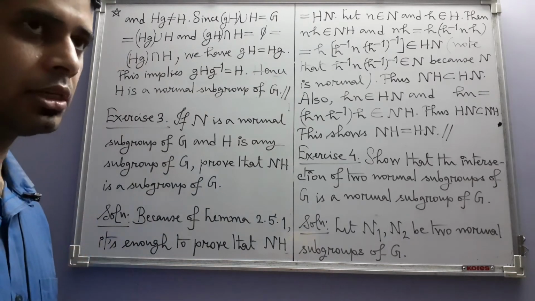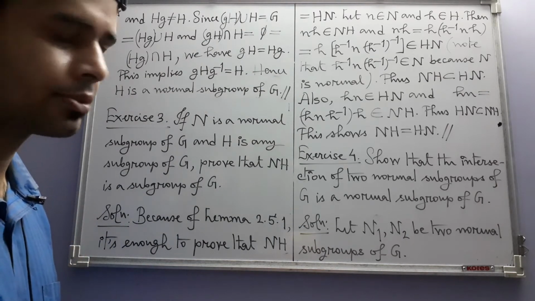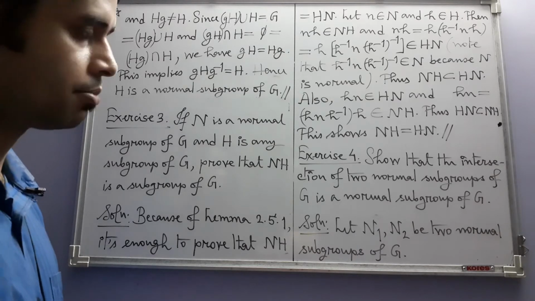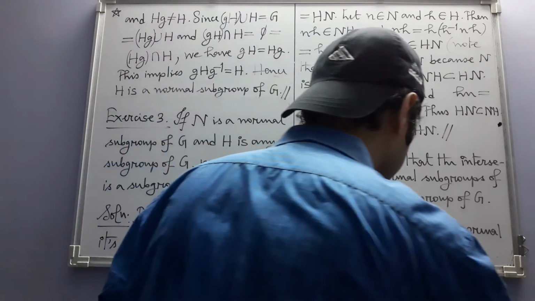So they are normal, that is fine, but after all they are subgroups. So their intersection is a subgroup, which we already know from our previous study of subgroups.